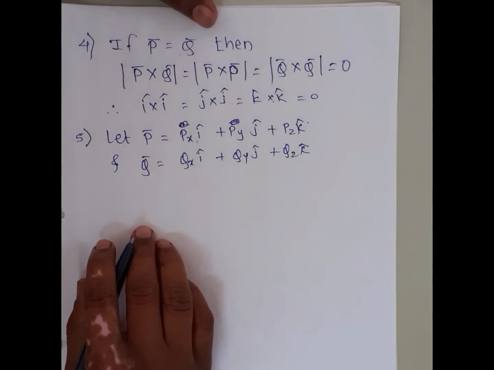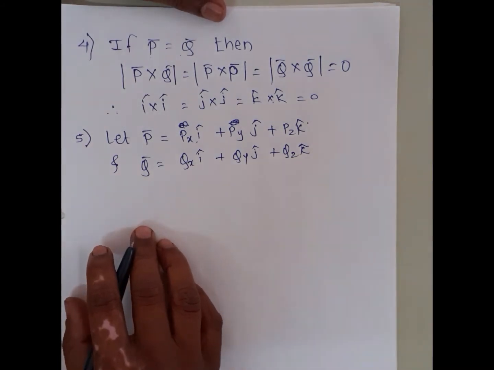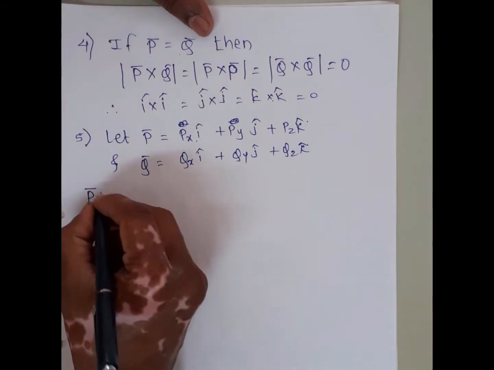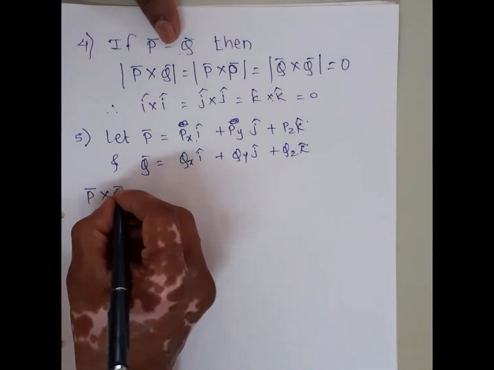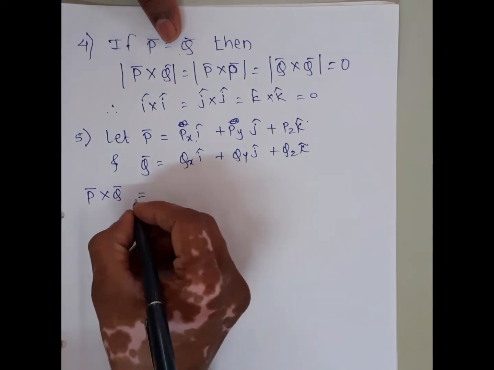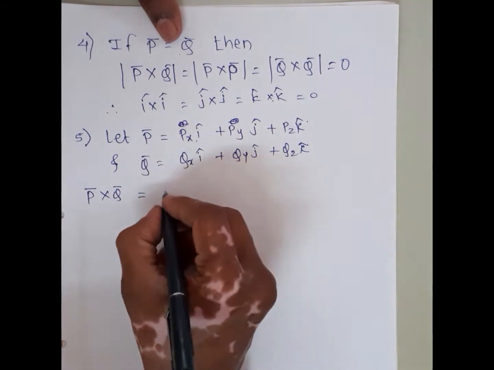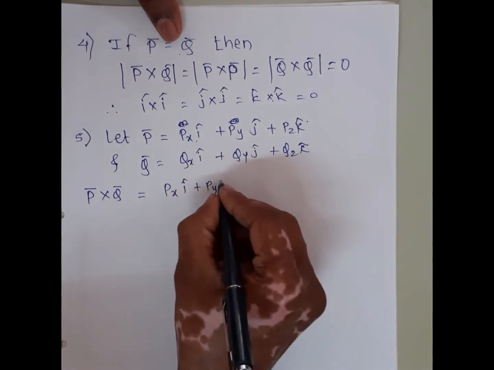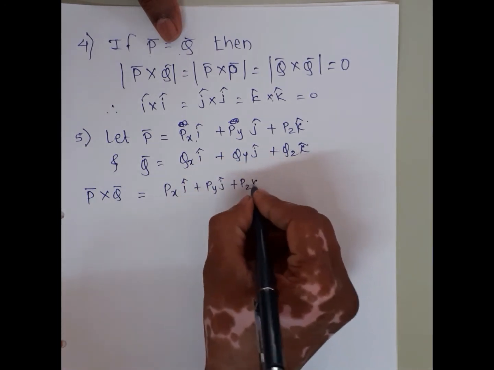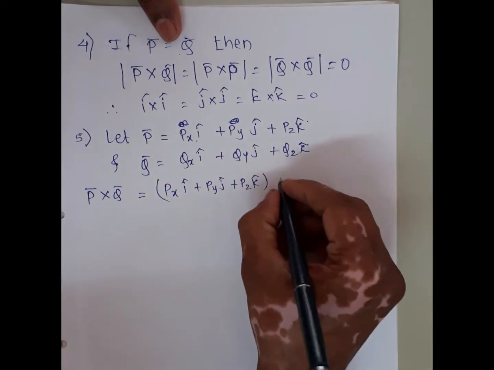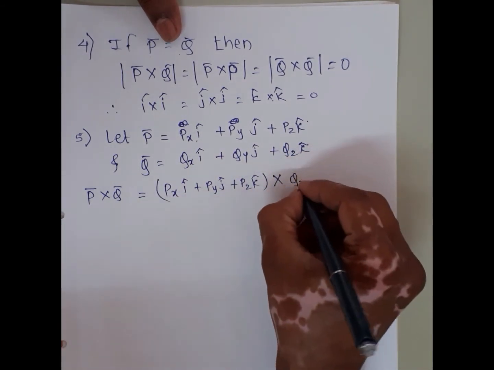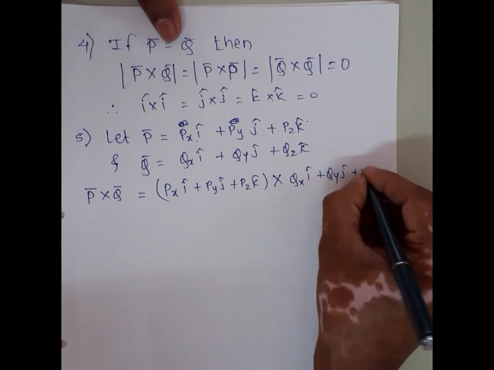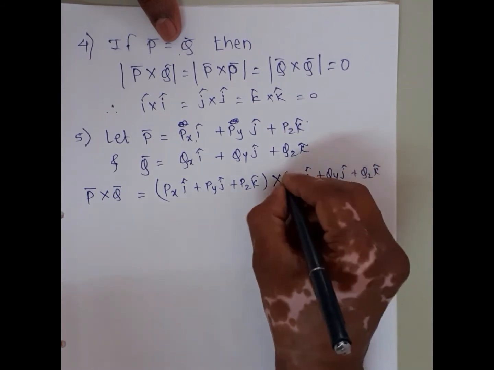Sorry, here we will not write the bar, because if you represent any quantity with unit vectors, then you do not write a bar. Now we find the value of P bar cross Q bar. So, P bar cross Q bar is equal to (Px i cap plus Py j cap plus Pz k cap) into (Qx i cap plus Qy j cap plus Qz k cap).